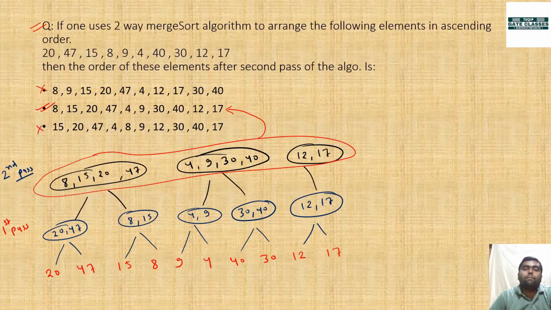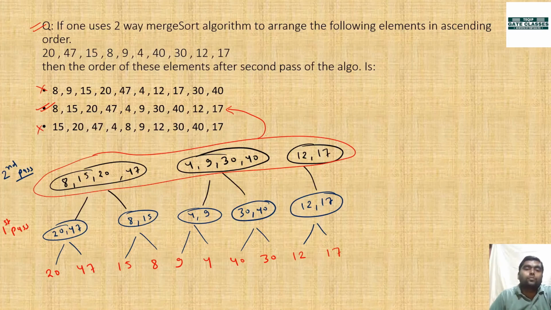It is not an in-place sorting technique, because we take extra space in the merging procedure. And it is a stable sorting technique, because the order of repeated elements is preserved before and after.